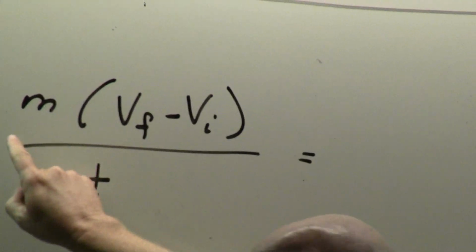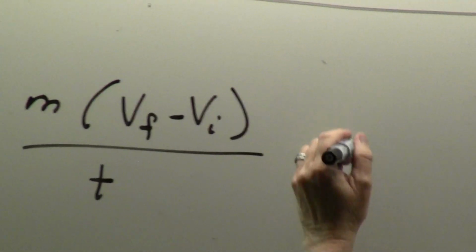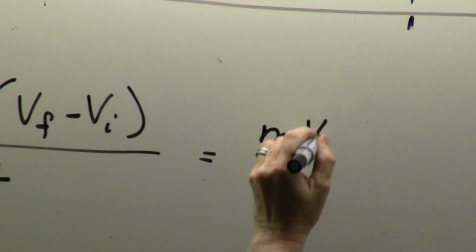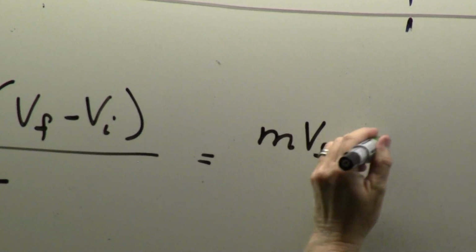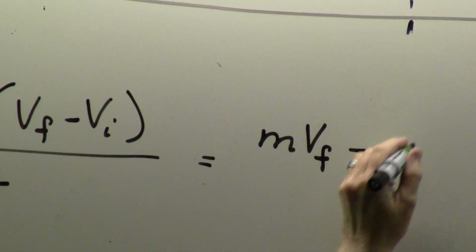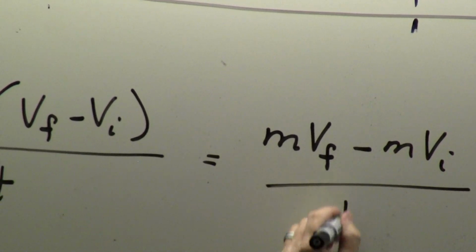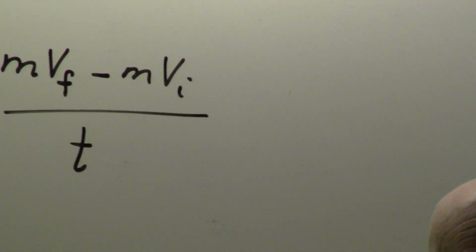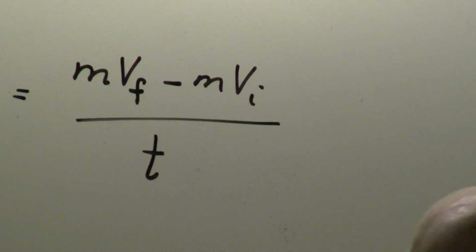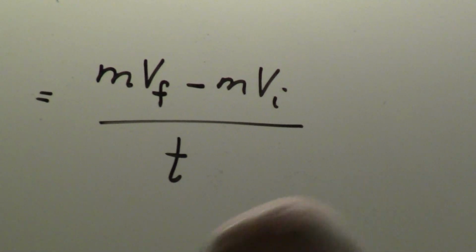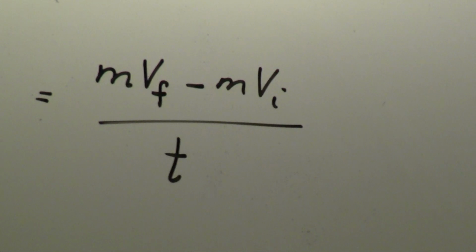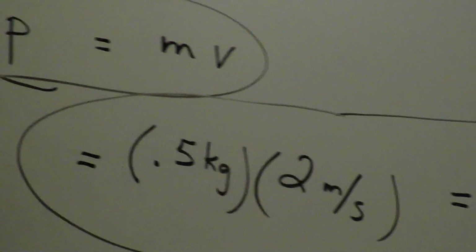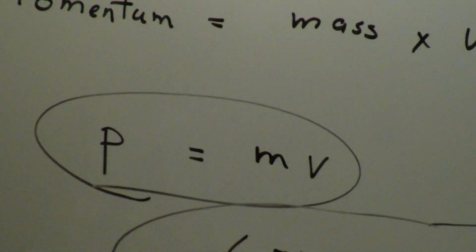And if we do the distributive property with our math, we would have mass times the final velocity minus mass times the initial velocity. And maybe now you're beginning to see this quantity of momentum come into play, right? There it is. There's a mass times a velocity. There's the two of them together. That's why we are defining this new quantity of momentum as the product of the two.